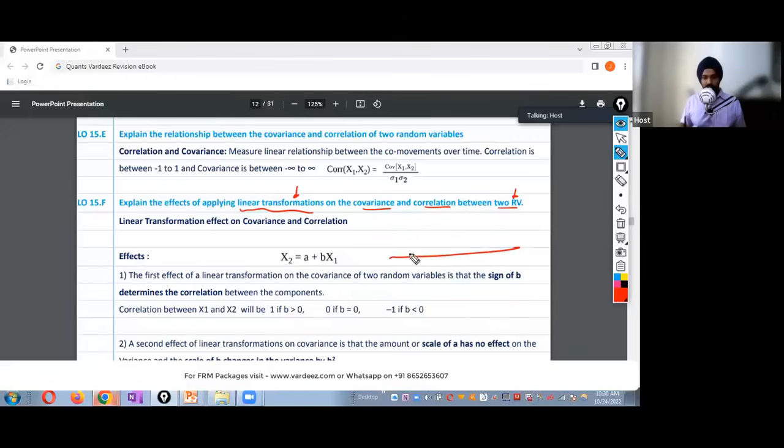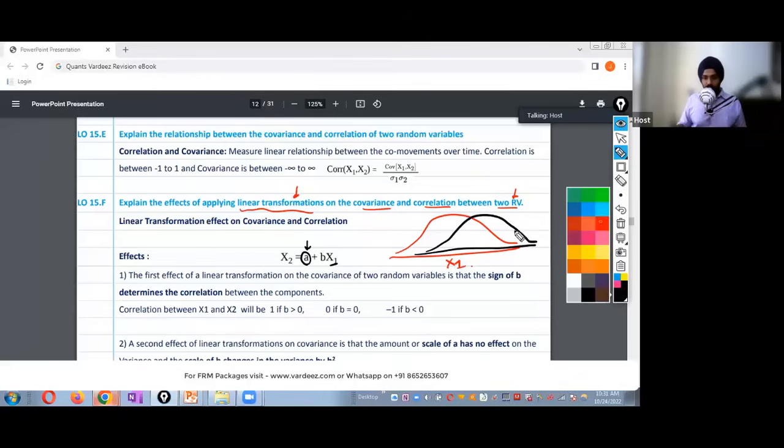We said that there is this particular random variable, let's say x1, and if we just add a constant, any number, to random variable x1, then the distribution shifts, right? It goes a little bit away. Earlier, this was the mean, and now this is the new mean, right?